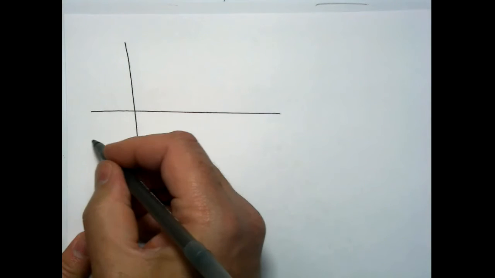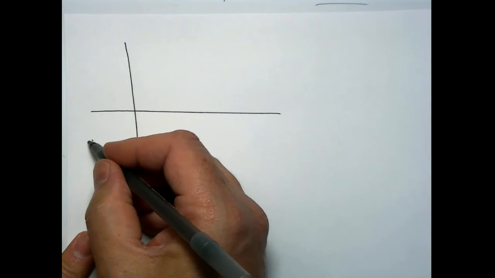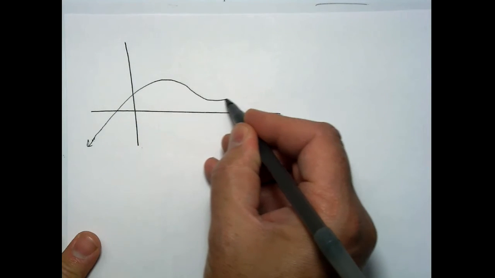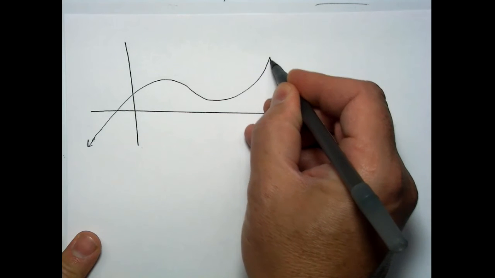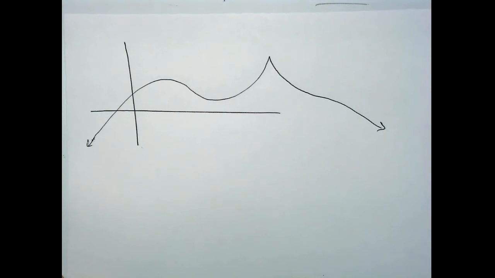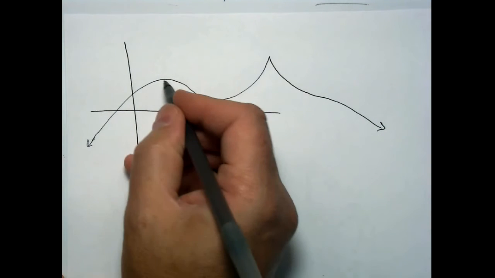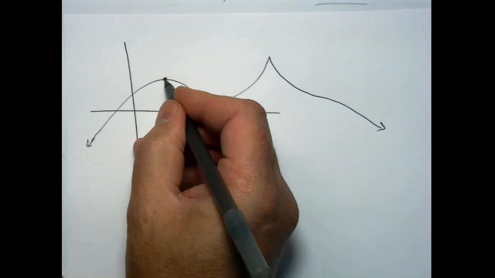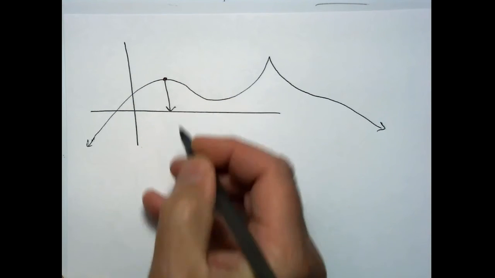Let's say my curve looked like this, and for now we're going to forget the endpoint, so I'll put some arrows here. Where are the relative maxes and mins? Well, again, on a hiking trail, you would say this is a relative maximum, and this is where it occurred right here.